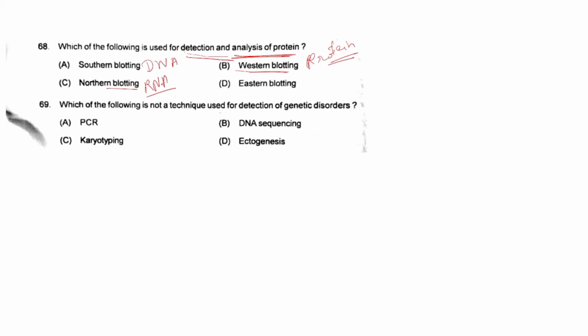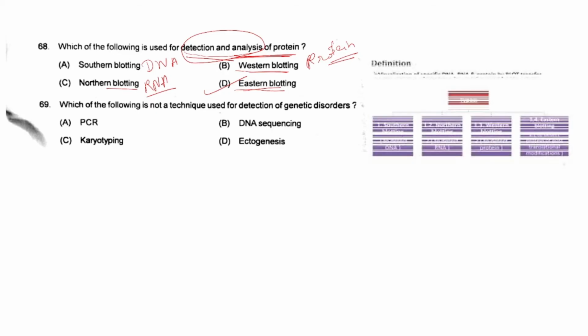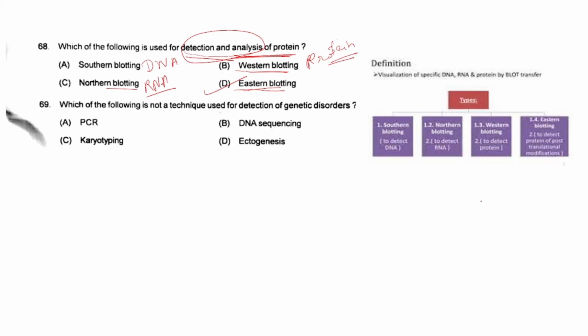But the question is asking detection and analysis. Here is another option, that is Eastern blotting. So option number D, that is Eastern blotting, will be the right answer. Eastern blotting helps in detection, and post-translational modification is also detected with the help of Eastern blotting.